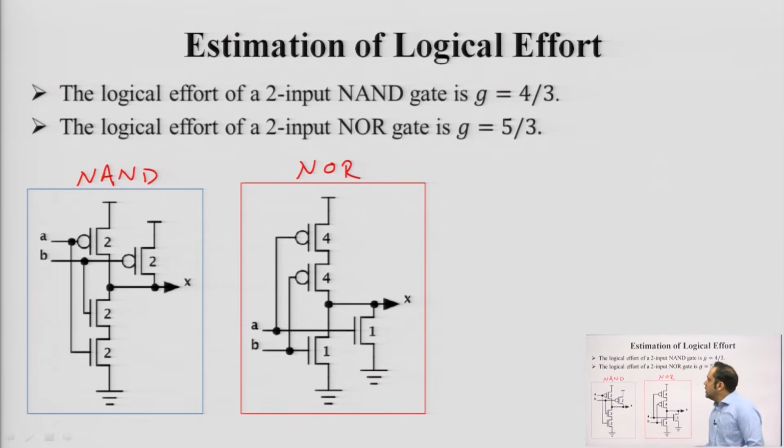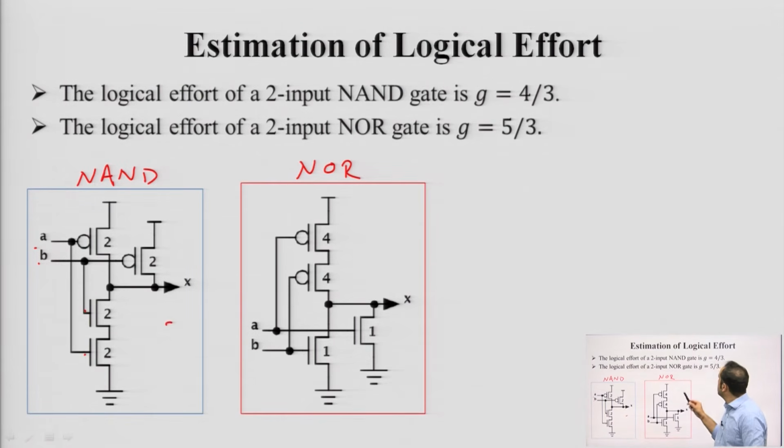Now, if I look at the inputs, there are 2 inputs A and B here, and the same inputs are applied here also. With respect to each input, how much unit capacitance does it see? This input, which is applied to this PMOS, is going to see 2 times C, 2 times the capacitance of a unit transistor, plus another 2 times C from here.